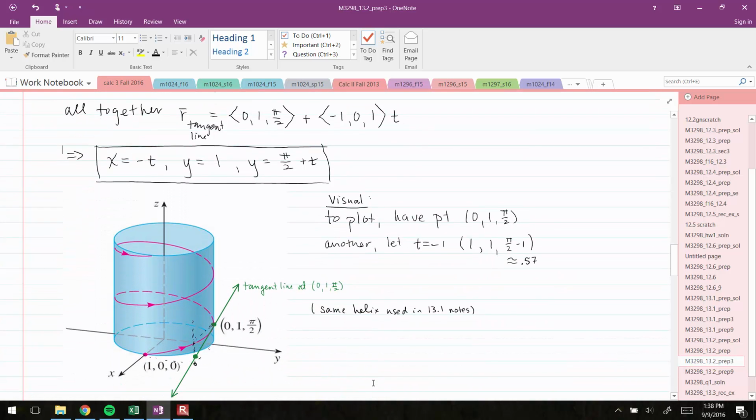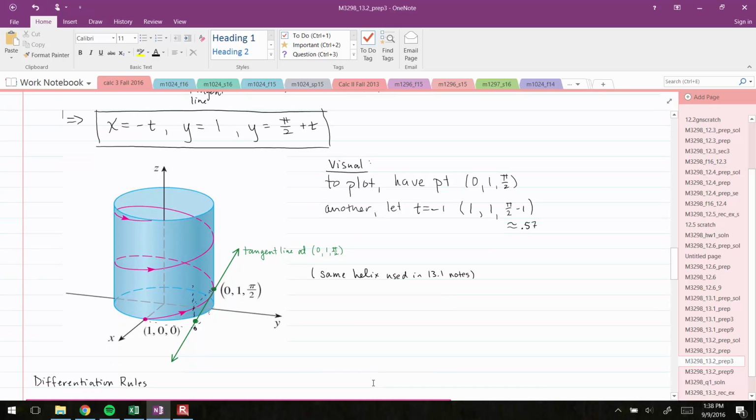This example is actually one from the 13.1 notes. We got this really beautiful image displaying the space curve. It's a helix. And I could plot a tangent line on here to illustrate what this tangent line looks like in 3D and hopefully have you understand that. You're not going to have to actually do this by hand, but I have the point 0, 1, pi over 2.